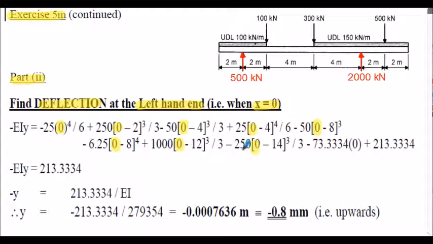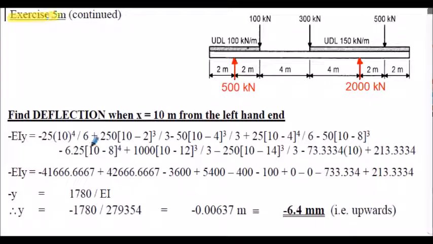So in this case, on the right hand side of the equation, all the terms effectively disappear except for the constant C2. And from there we can determine the value of y, and that's actually negative 0.8 millimeters. Negative means it's actually going upwards at the left hand end. That may be reasonable considering the beam geometry and loading configuration.